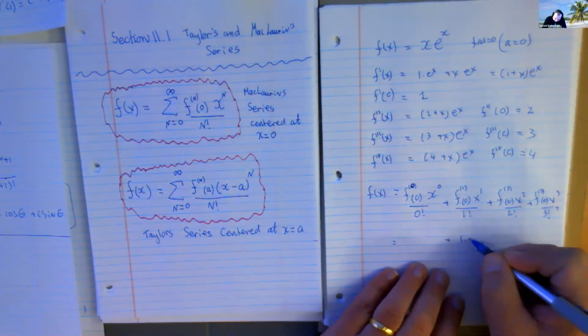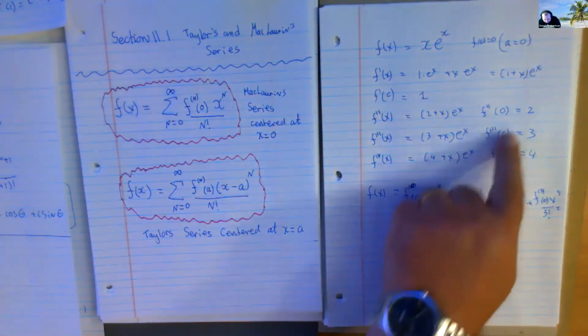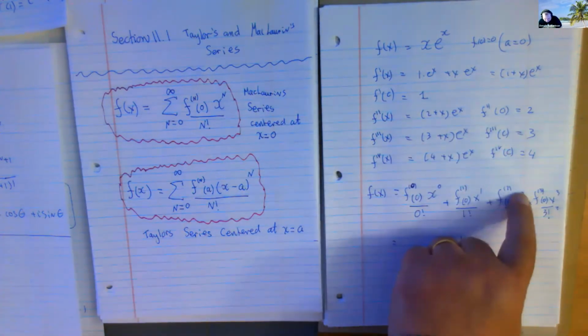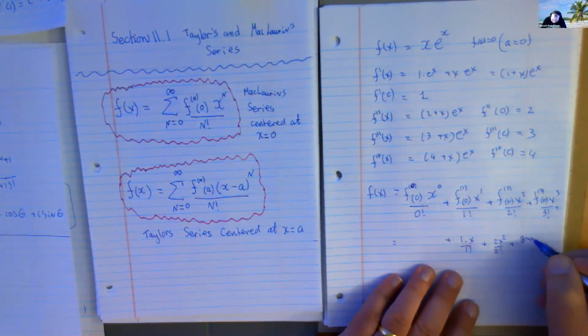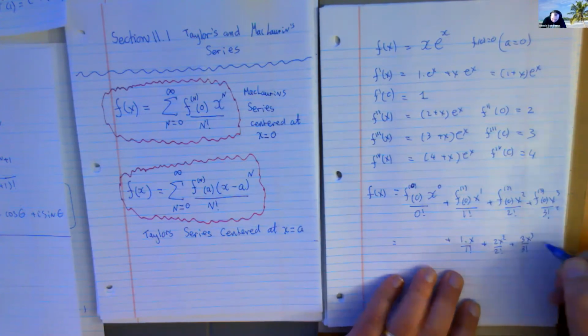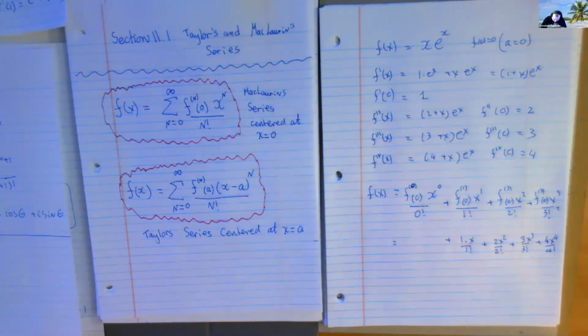Well, basically, that's what you get, right? If you do the second one, you get a 2. X squared over 2 factorial. If you do the third one, you get a 3. X cubed over 3 factorial. And if you do the last one, you get a 4. X to the 4 over 4 factorial.